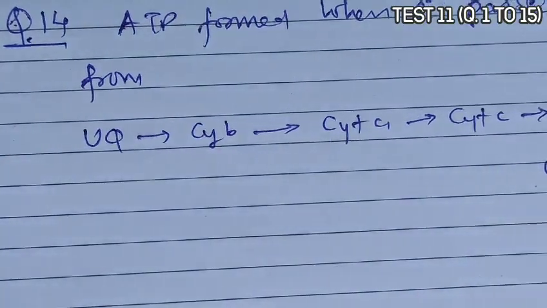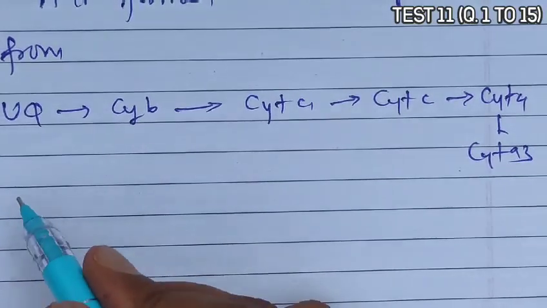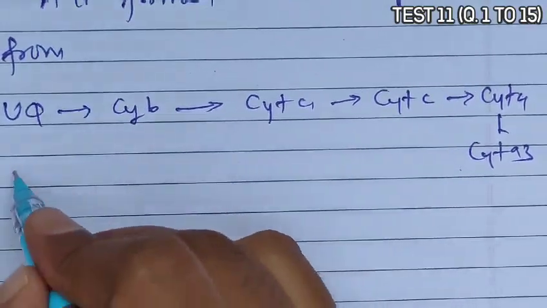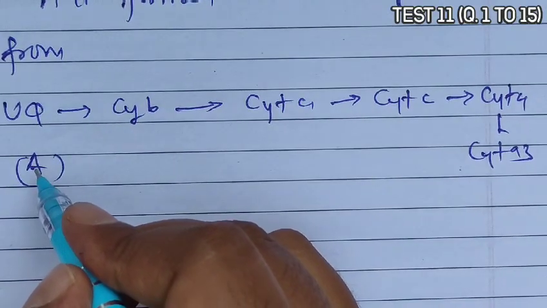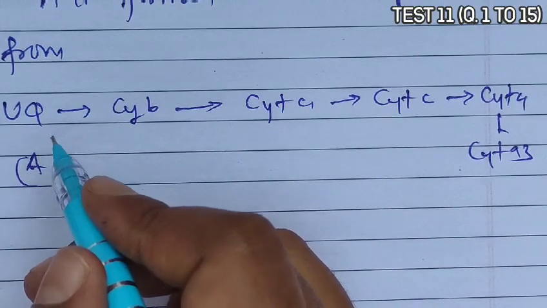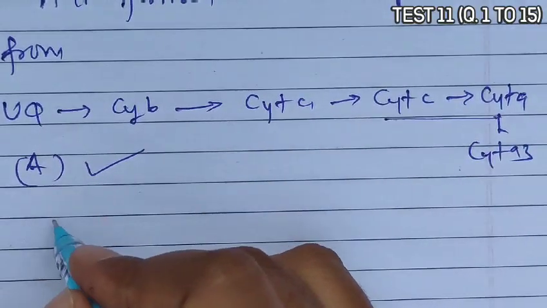In this, electron carrier are arranged for the electron transport. So here, option A is given as cytochrome C to cytochrome A. So it is a correct, obvious.